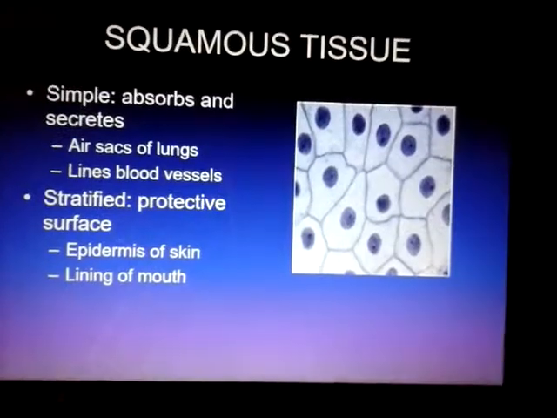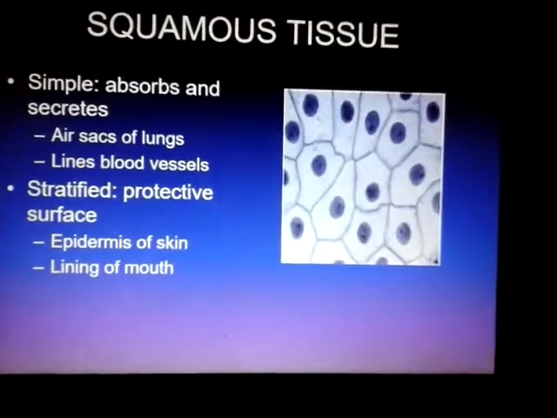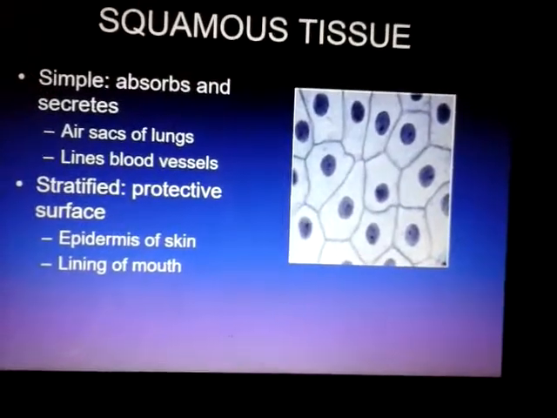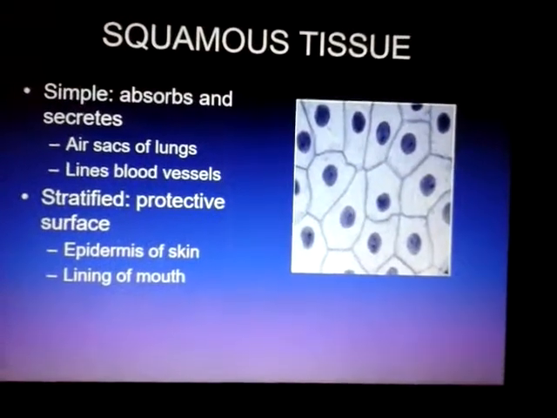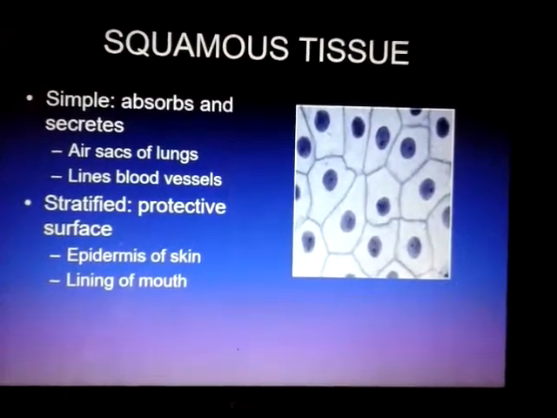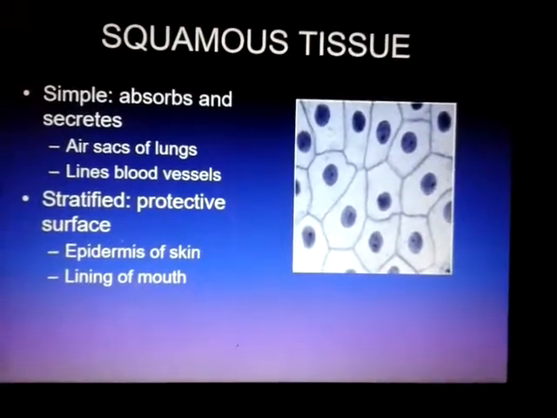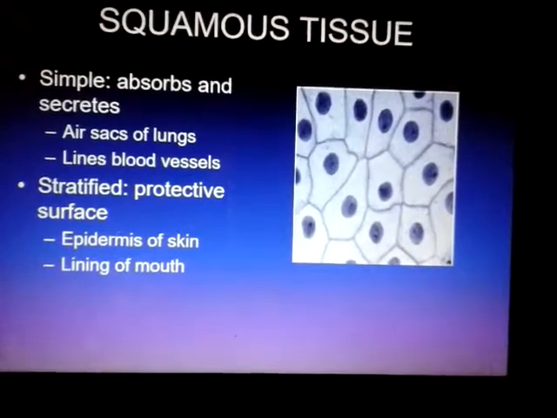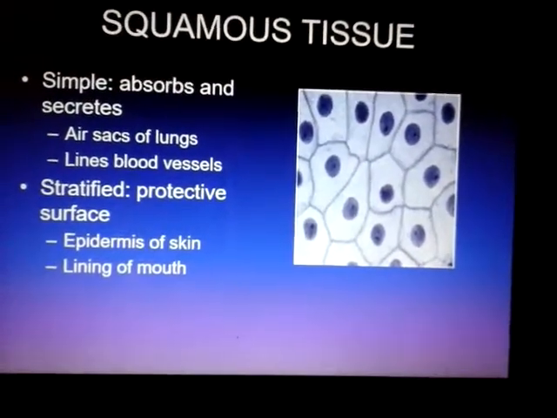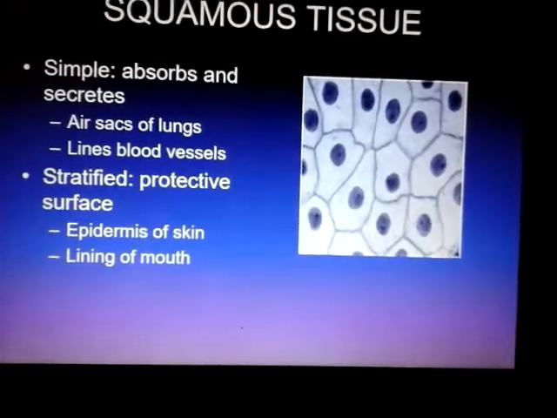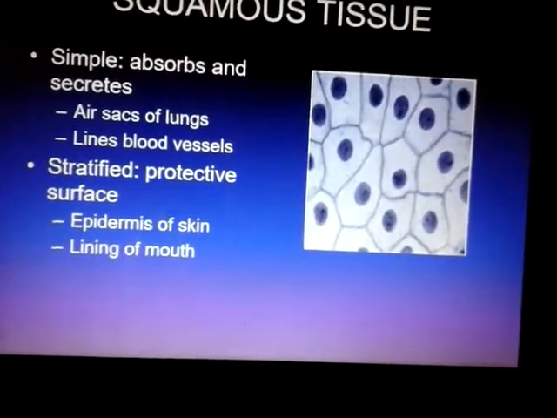So let's look at squamous tissue. In the coloring book, you'll see stratified squamous, you'll see simple squamous. Well, remember, anytime you see simple, that means you're going to probably line something. And your main job is to absorb and secrete. So, for example, your lungs look like soap bubbles. And you guys all know soap bubbles are clear, and they're really thin, and they're really delicate.